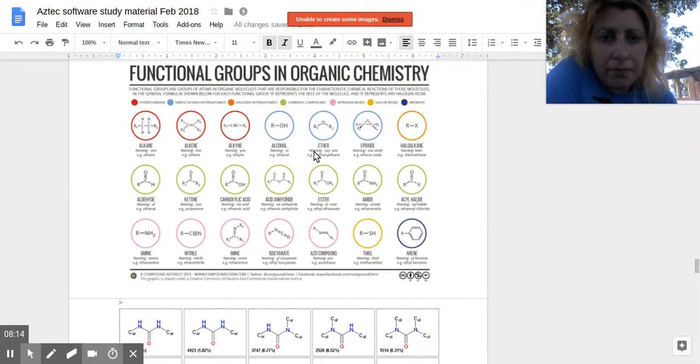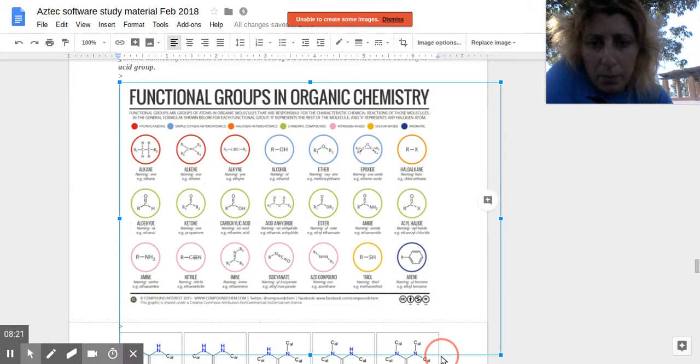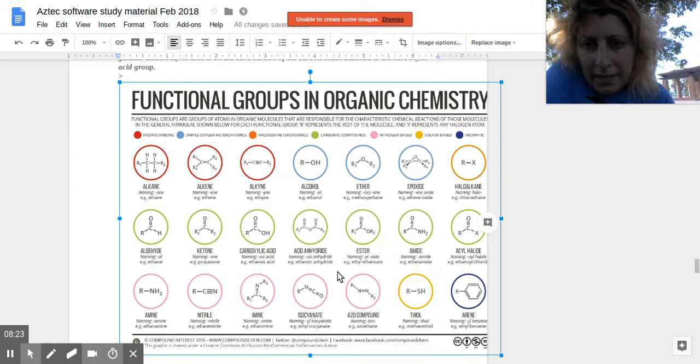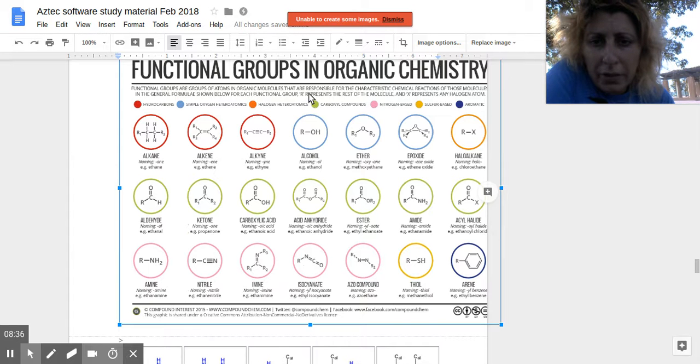There are some charts here, so you can look at these groups. The functional groups are groups of atoms in organic molecules responsible for characteristic chemical reactions of those molecules.